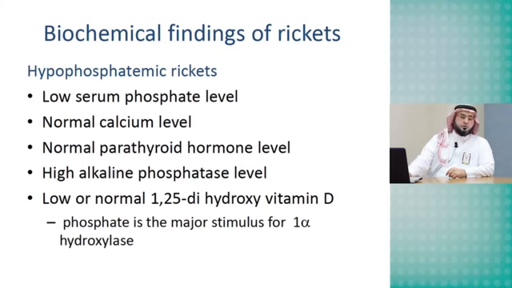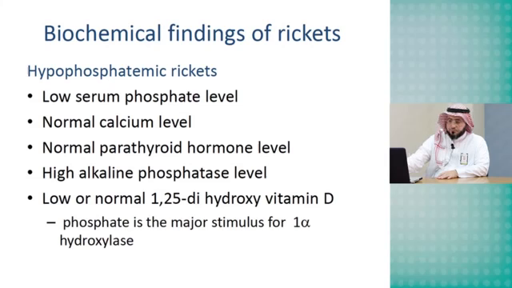The parathyroid hormone throughout the disease will be normal, opposite to hypocalcemic rickets, where it was high. Alkaline phosphatase here is always high, and 1,25-dihydroxyvitamin D will be either low or normal. A very important message is that phosphate is the major stimulus for 1-alpha hydroxylation.